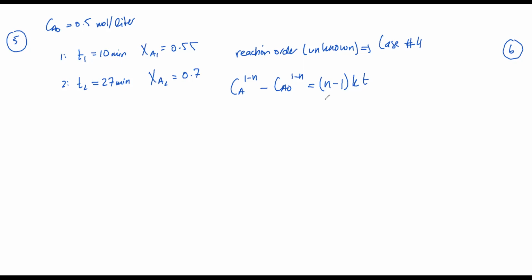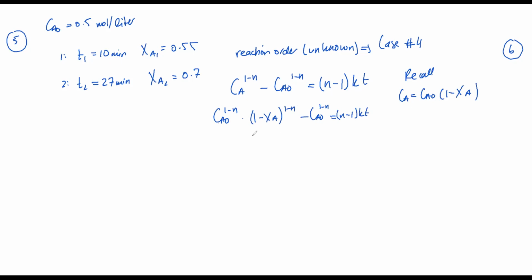So if you recall that Ca is equal to Ca note times 1 minus Xa, I'm going to substitute this here. So I have Ca note to the 1 minus n multiplied by 1 minus Xa to the 1 minus n, minus Ca note to the 1 minus n, is equal to n minus 1 times kt. All I did is put this expression instead of Ca and distribute the power.